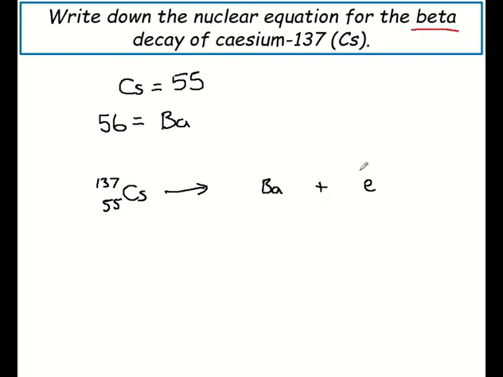Now hopefully you remember that the electron is 0 in terms of its mass and -1 for its atomic number. Now that's our electron done. Then we need to fill out our barium. So we've said that the atomic number is 56, so 56 goes at the bottom. And the mass number, remember, we may be losing 1 neutron, but we're gaining a proton. So that just stays the same. So it's just 137. And that is all we need to do to get the answer.